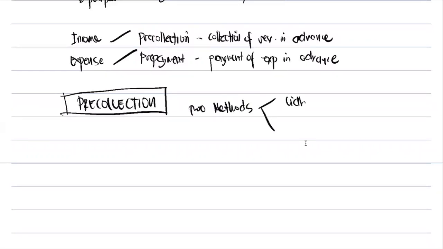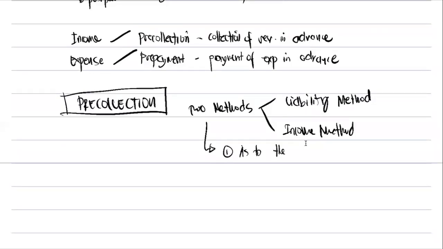We have your liability method and your income method. So what are the differences as to the two methods? The first difference is as to the recognition at the time of pre-collection.